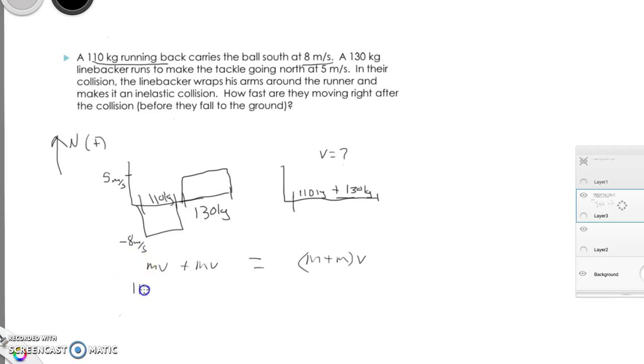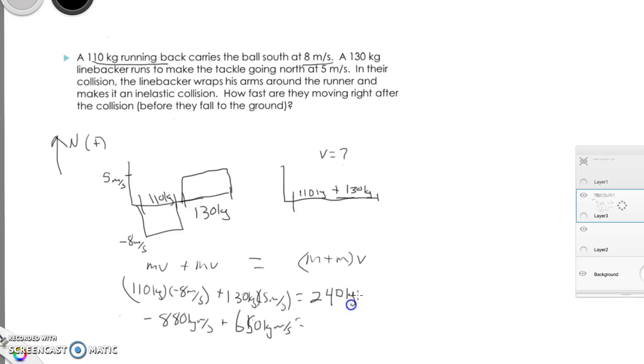So we get 110 kilograms times negative 8 meters per second plus 130 kilograms times 5 meters per second. 110 times negative 8 is negative 880 kilogram meters per second. 130 times 5 is 650 kilogram meters per second. Then 110 plus 130 gives us 240 kilograms times v.